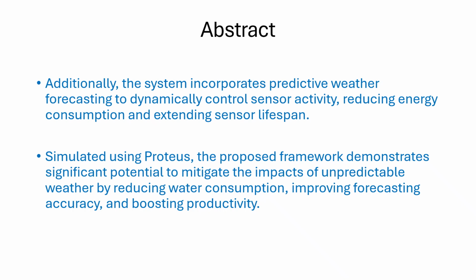Next, additionally, the system incorporates predictive weather forecasting to dynamically control sensor activity. This system incorporates some kind of weather forecasting, meaning that from the forecasting the sensors can control the activities. Like, we want the yield of any crop.